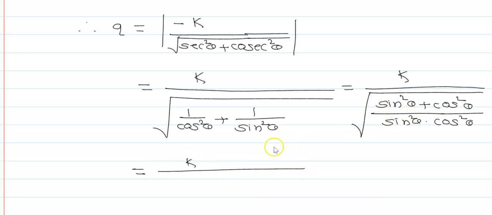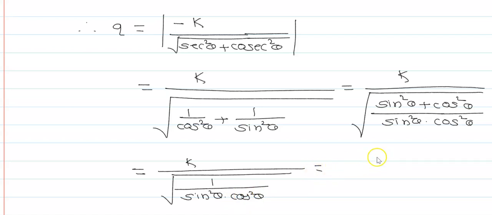Okay, and this is equal to k upon, what is the value of sin square theta plus cos square theta? It's 1. Therefore 1 upon sin square theta into cos square theta.